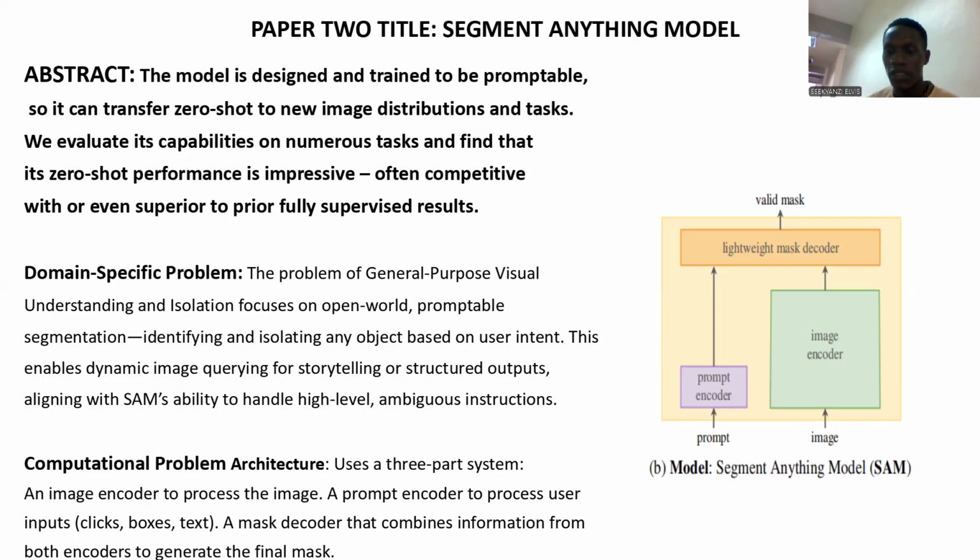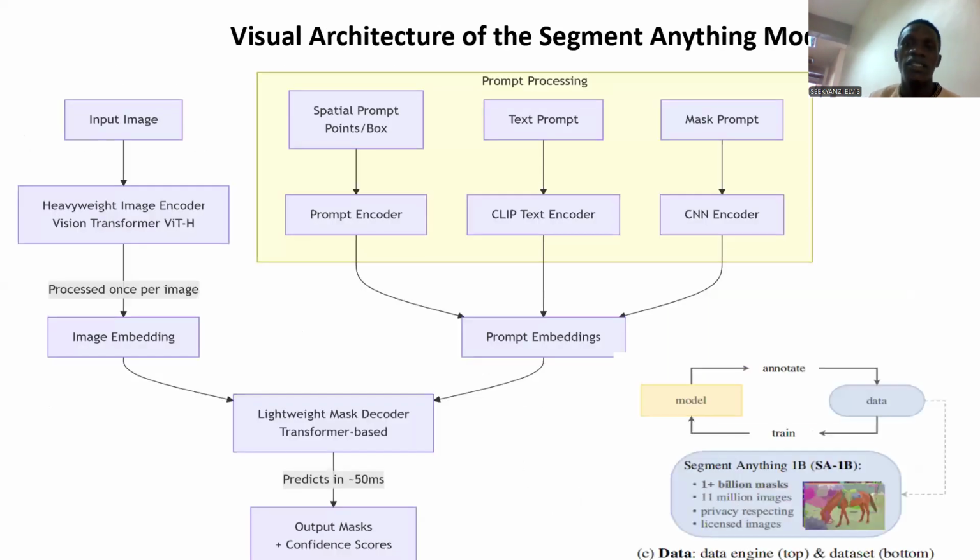This is the segment anything model. We have the lightweight mask decoder. We have the prompt encoder where the educator enters a prompt. We have the image encoder that processes the images. So this is the architecture of the segment anything model.